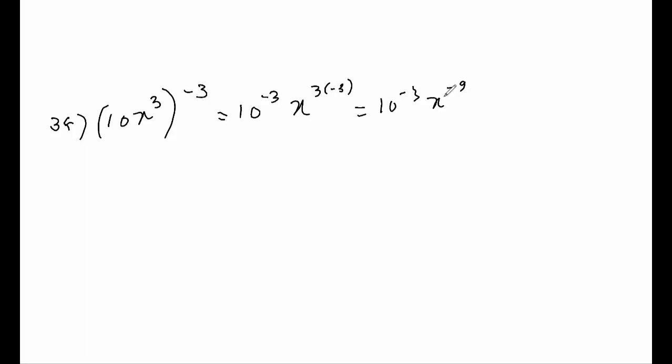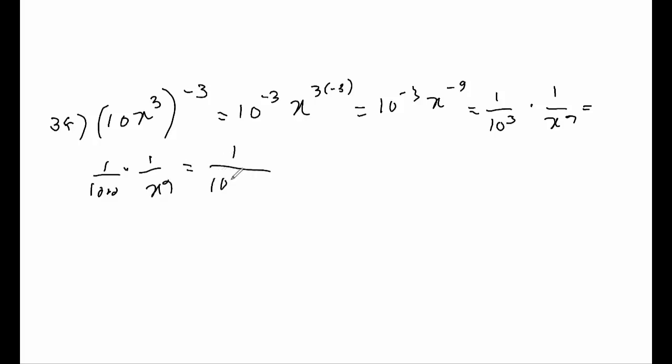But because these are negatives, that means I'll have to put 1 over 10 to the 3rd here, times 1 over x to the 9 here. And 10 to the 3rd, well, that's 1 over 1,000 times 1 over x to the 9, and then I'll just put it together and write 1,000 x to the 9.